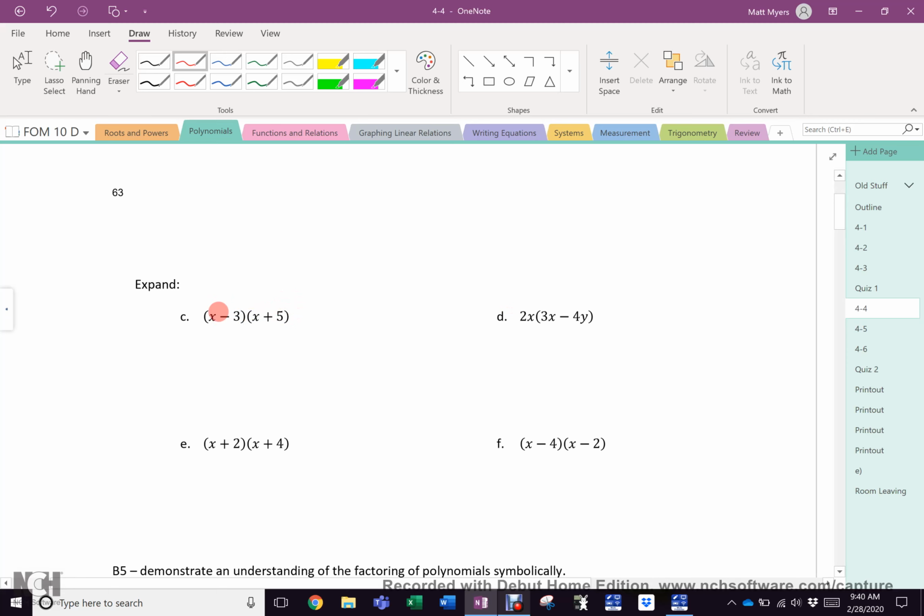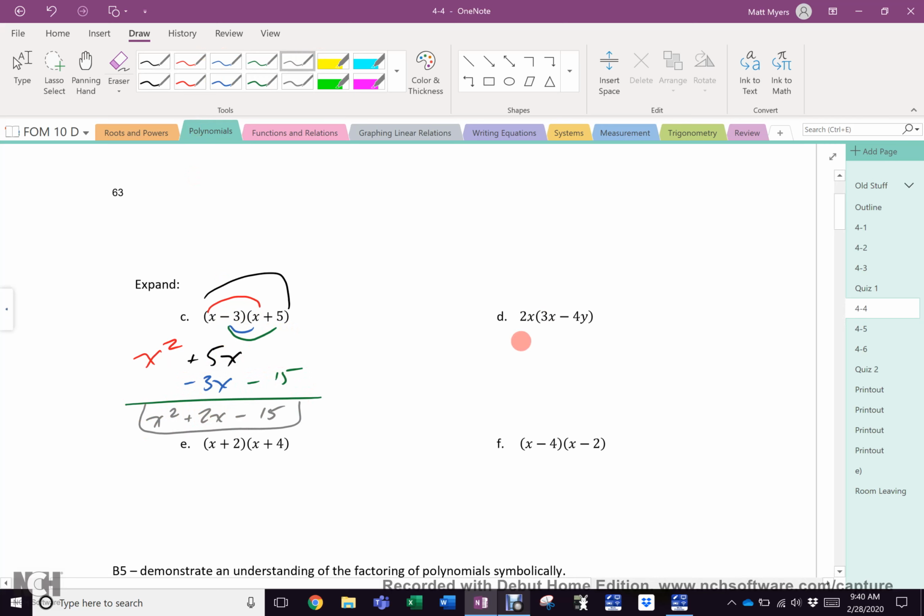So, of course, I'm going to do the long way. X times x, x squared. X times 5, positive 5x. Negative 3 times x, negative 3x, and I stack the x's together so I can't screw it up, negative 15. And then my answer is x squared, 5 minus 3 is positive 2x minus 15.